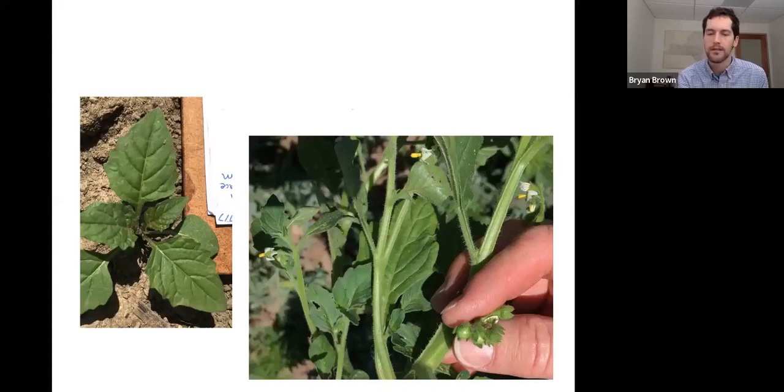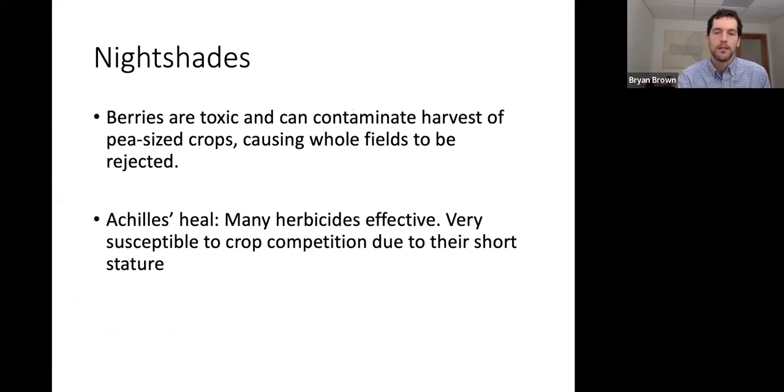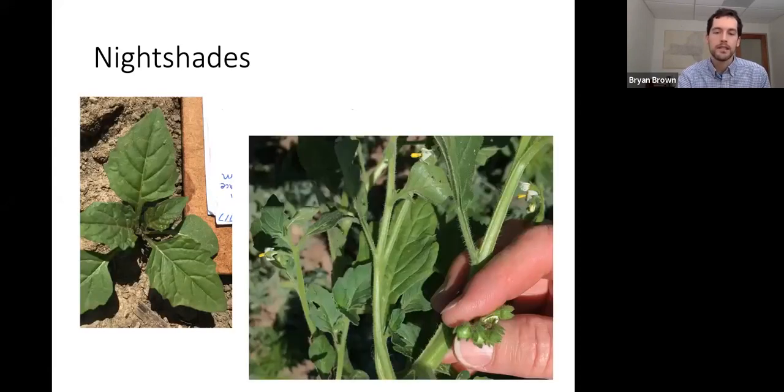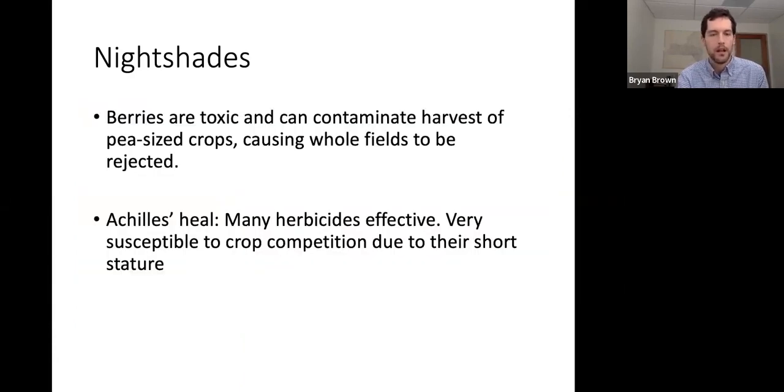And I kind of gave this away quickly, but we have a few different nightshades in New York. I think most common are hairy nightshade, which I'm picturing here on the right, and eastern black nightshade. And actually, they look very similar to our horse nettle, except for the spines. And horse nettle is a perennial, which I'll talk about later, also in the tomato, the solanaceous family. But the berries are toxic.